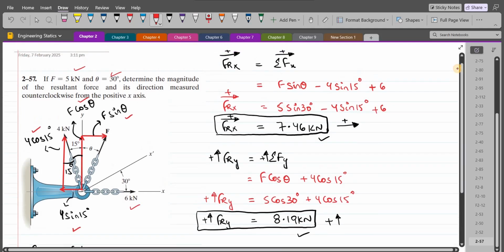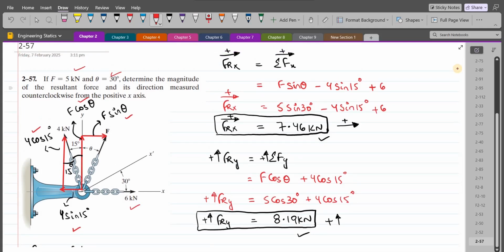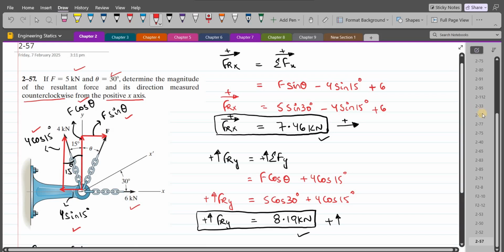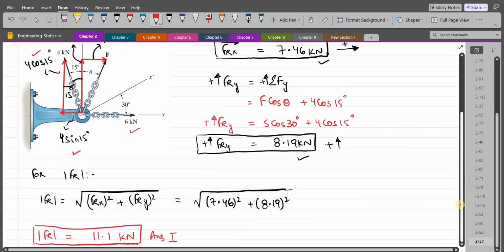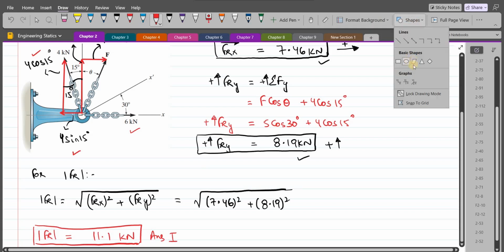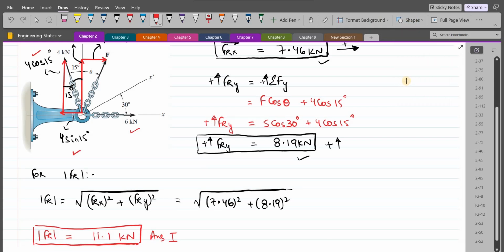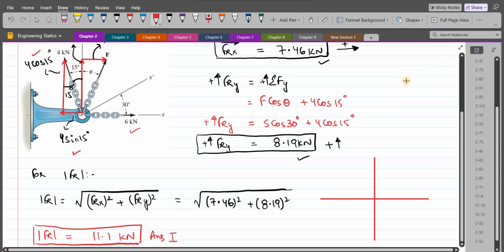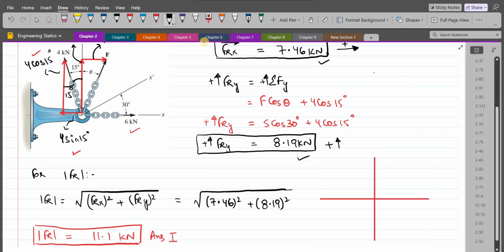We also have to find the direction of the resultant force measured counterclockwise from the positive x-axis. So if I draw the resultant force, it would look something like this. Let's say this is the positive y-axis, this is the positive x-axis, this is the negative x-axis, and this is the negative y-axis.